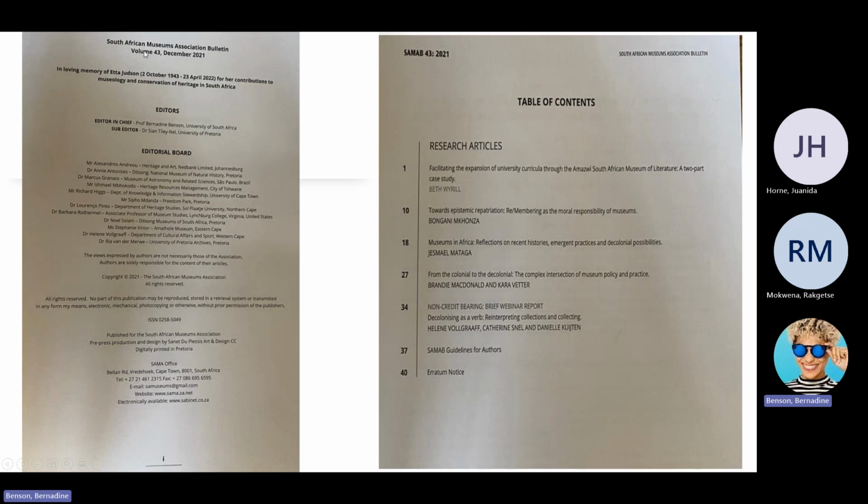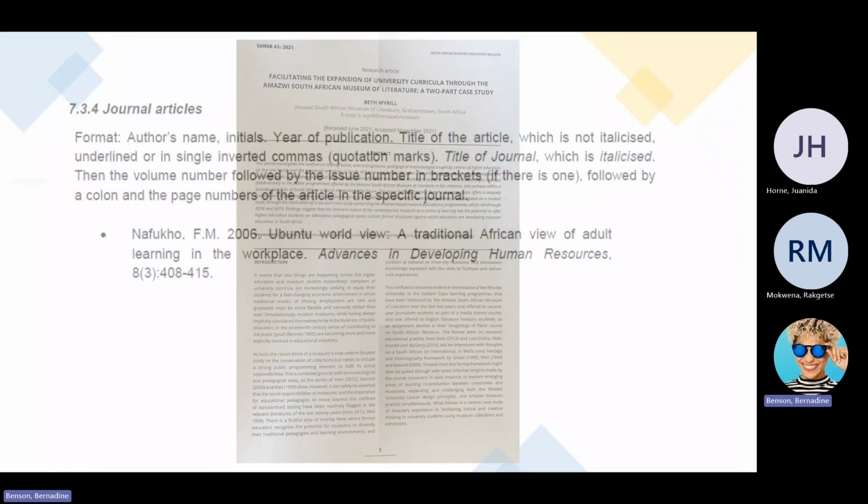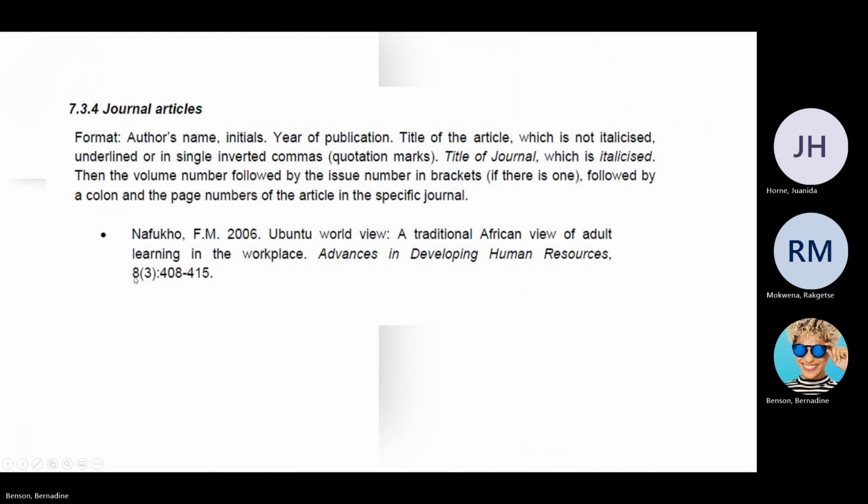Then we have South African Museums Association Bulletin, comma, space, then we would have 43, not volume, just 43. Then we would have a colon, and then we would have 10 to 17, because his article would go to page 17. And there you see volume and edition, colon, page this to this, and then full stop. Okay.